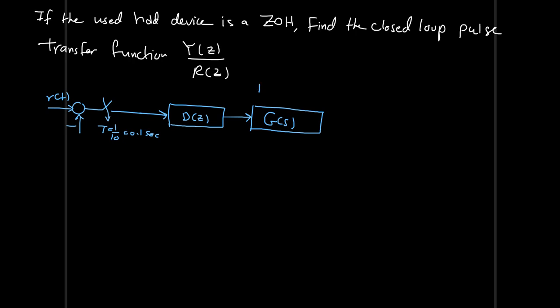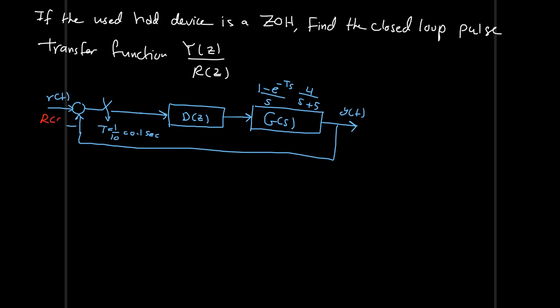So this is actually 1 minus exponential minus Ts over s, which is the transfer function of the zero order hold, multiplied by GP of s, which was 4 over s plus 5. And here we have Y of t, and this is a negative unity feedback. So simply this can be written as R of s, this is E of s, this is the E star of s, and this is the Y of s.